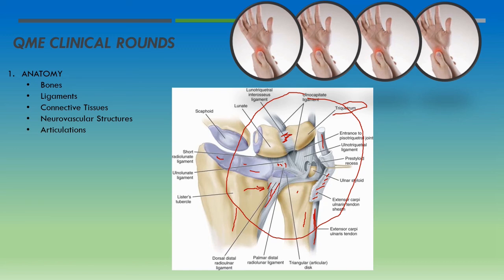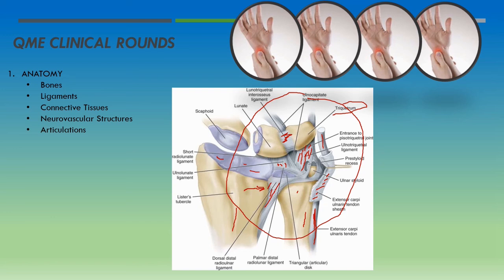In addition to the lunotriquetral ligament, we have an ulnotriquetral ligament here, going from the distal aspect of the ulna bone across the ulnocarpal joint to stabilize the triquetral bone here at the proximal aspect of the wrist.